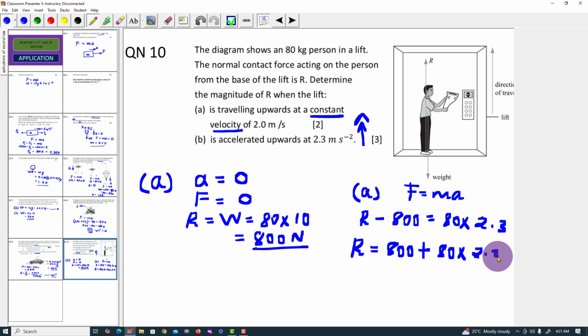You can work that one out and you will find that the value of R is larger than 800 newtons.